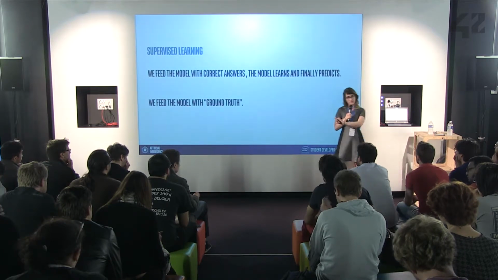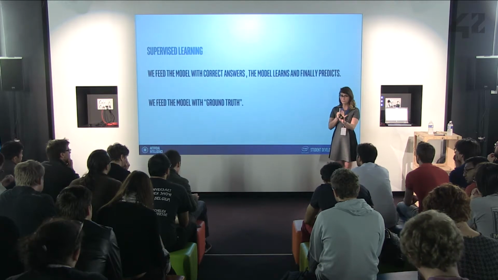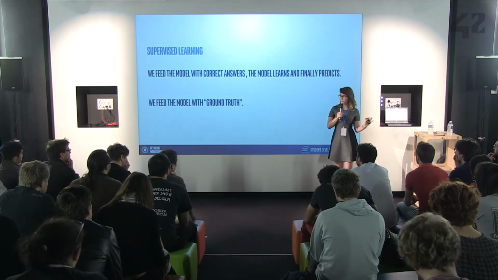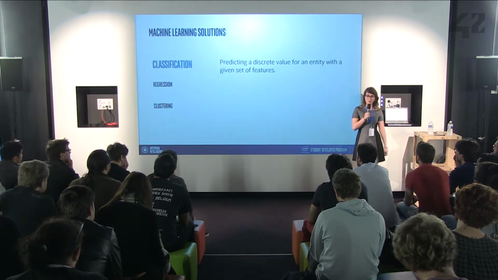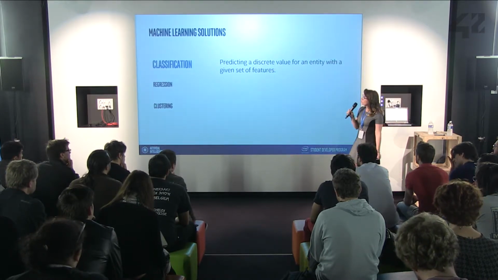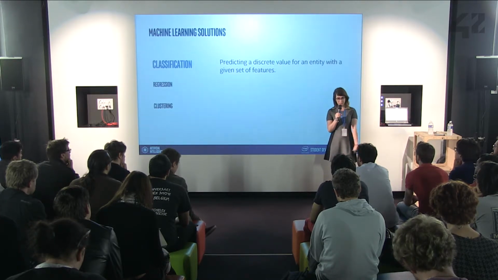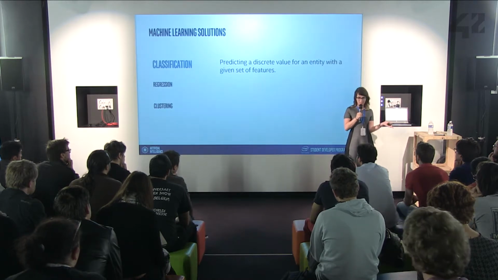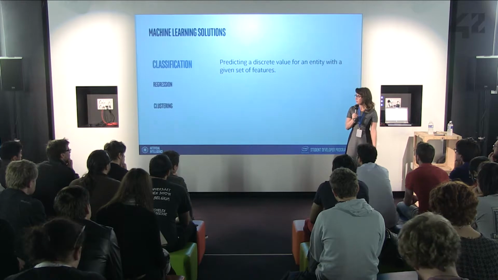So if you see these words, they relate to the fact that you always have to give the model the truth. It is very used for classification. You give your model a lot of data, you label the data, and then you give your model new data, and the model has to find the classification.